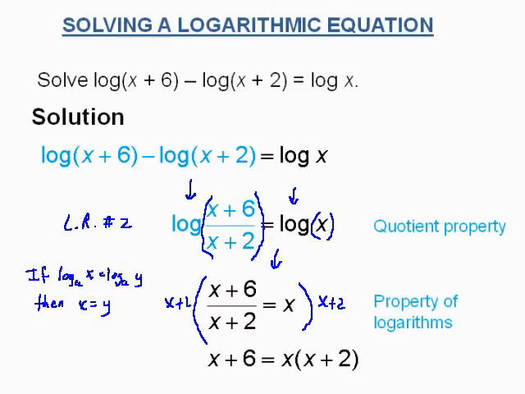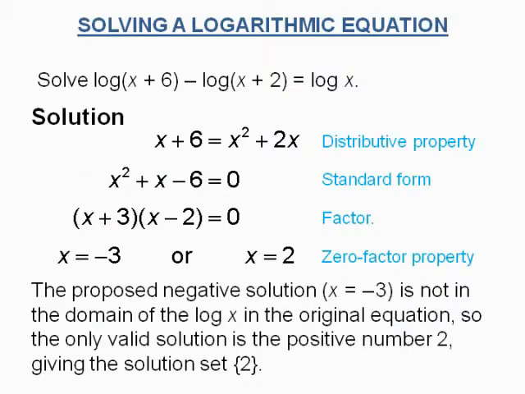Well, the x plus 2's cancel on the left, leaving us with x plus 6 on the left and x times x plus 2 on the right. Distributing, we get x squared plus 2x equals x plus 6. And here's a nice little quadratic equation. As we get closer to the exam time here, we want to get the items equal to 0 and keep that x squared positive.